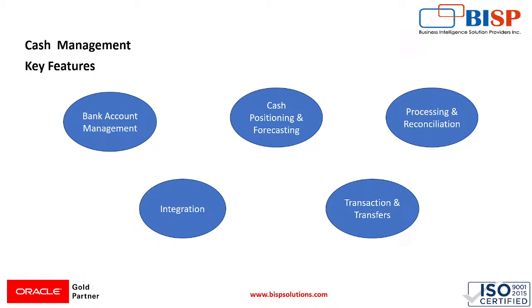We can auto reconcile using matching rules for transactions, and we can handle manual adjustments for unmatched transactions. Suppose when we are reconciling automatically and certain transactions are not reconciled, then we can go and reconcile them manually. So these are the key features of the cash management process.